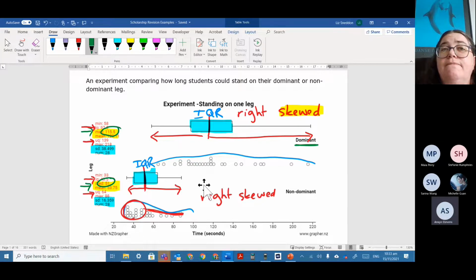The surface they're standing on. Good. Make sure it's even. And then we need to think more specifically, how would the different surface affect the response variable, the time? If we were standing on a carpet versus a concrete floor, which of those surfaces would have more grip?